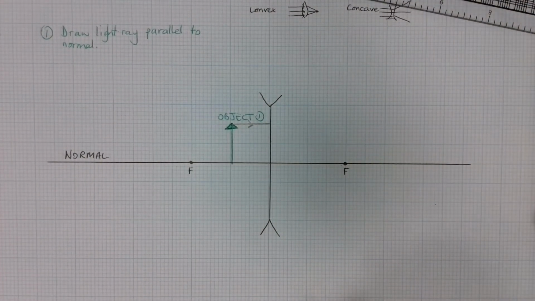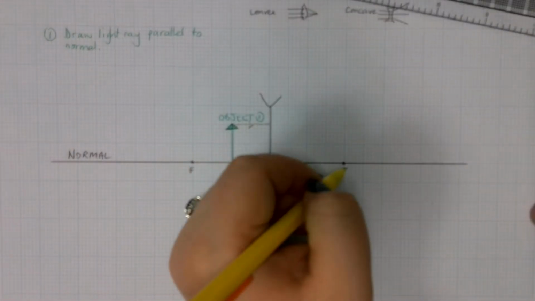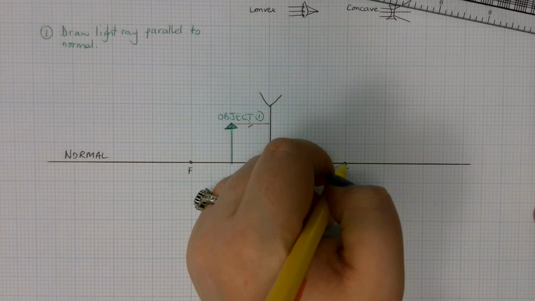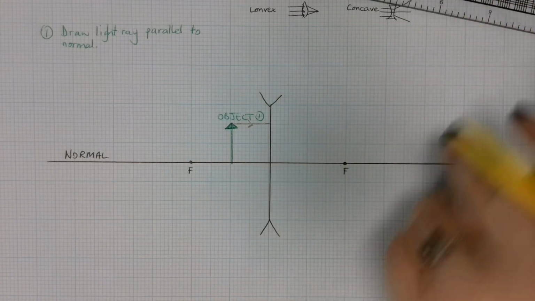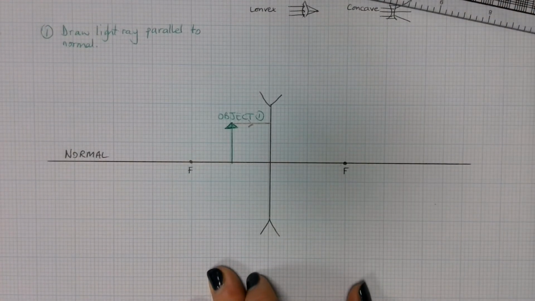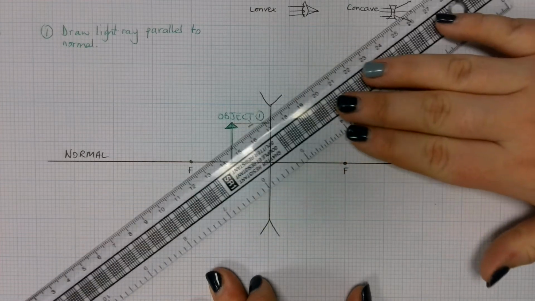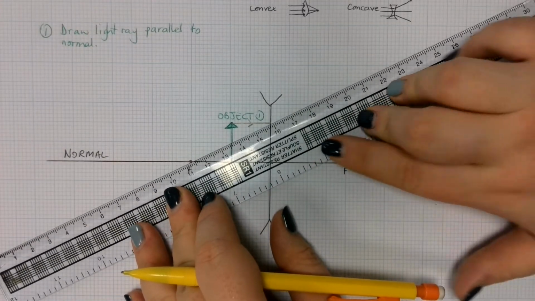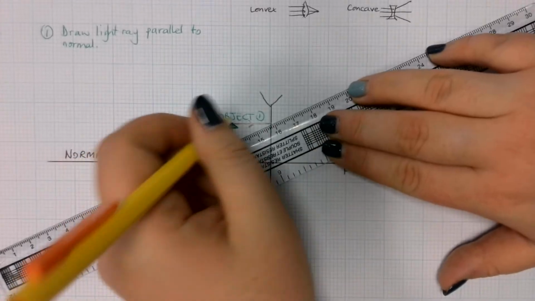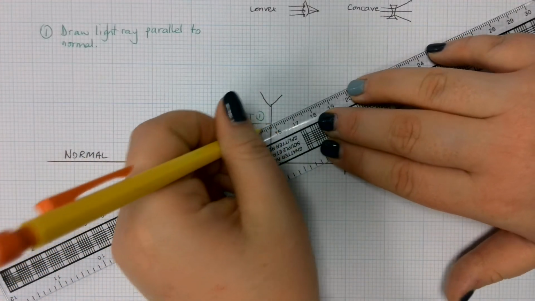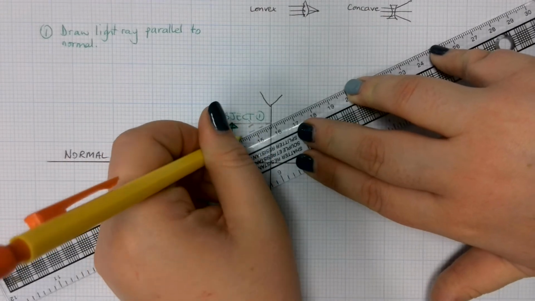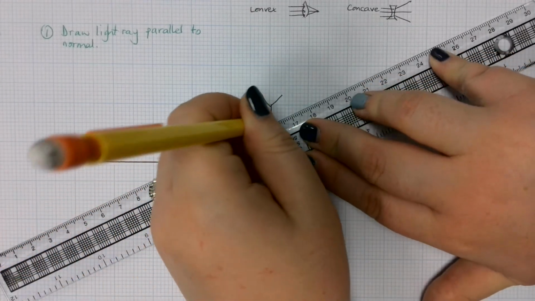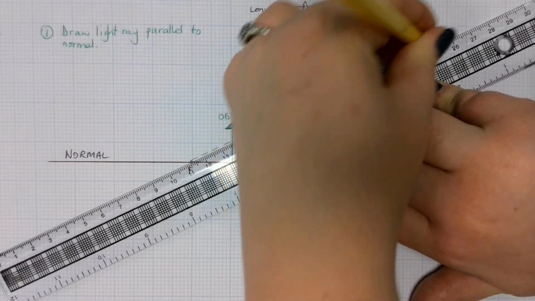Okay, now instead of bending towards the focal point on the other side of the lens, we're going to bend it from the focal point on the same side as the object. Okay, so I'm going to draw a dotted line on this side, because I draw dotted lines to represent rays that don't actually exist. Okay, and then a solid line here.